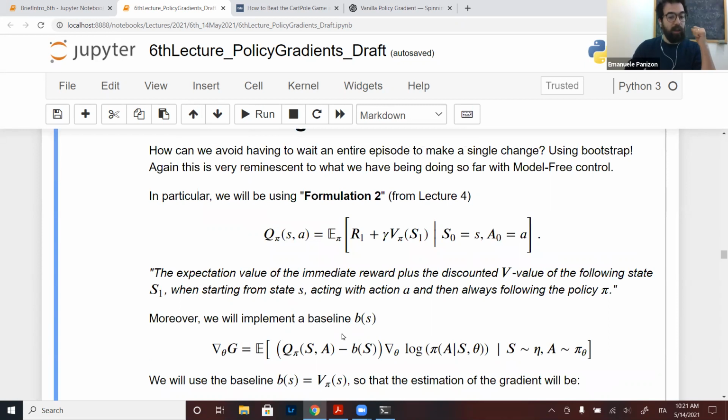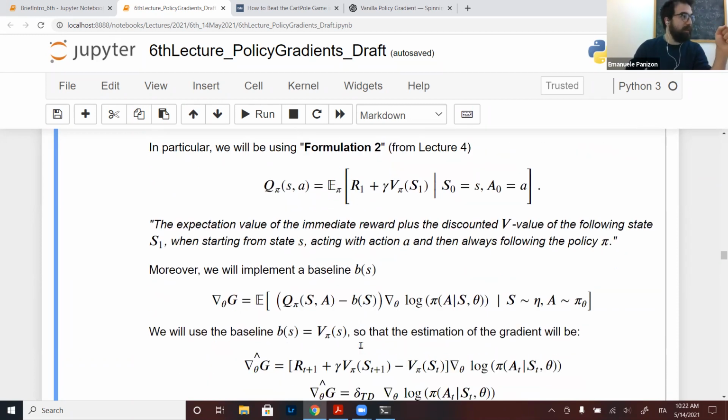However, if you subtract or add to Q any function of the state only, meaning it cannot be a function of the action, then if you take the expected value, you actually find exactly the same thing.